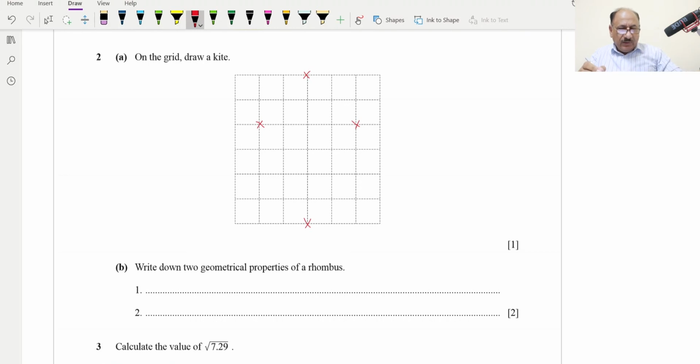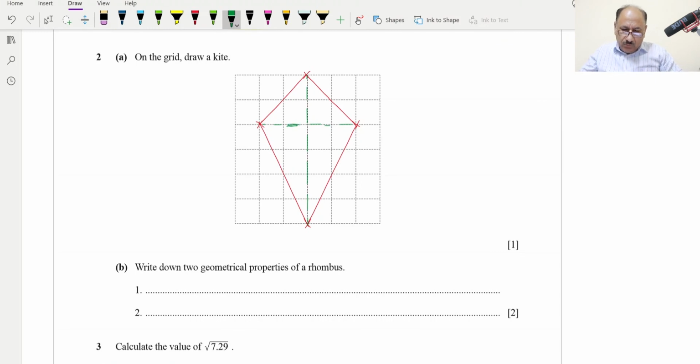Basically in a kite we have to keep in mind that these two sides, this one and this one, should be equal in length, and this side and this side should be equal in length. The second thing we need to take care of is that the diagonals should make an angle of 90 degrees. If we check, these are the two diagonals of the kite and they are making an angle of 90 degrees.